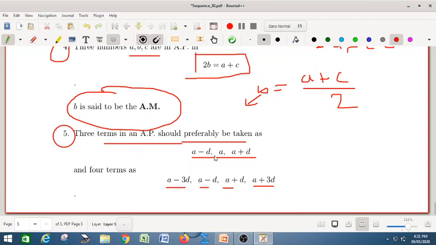In this way you can write three terms and four terms in AP.